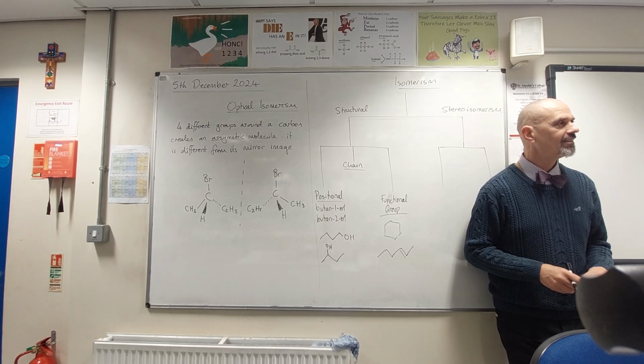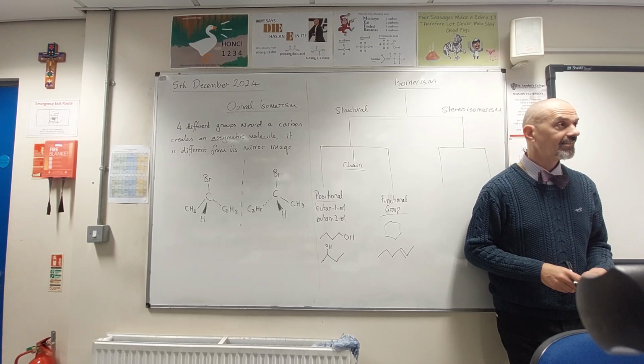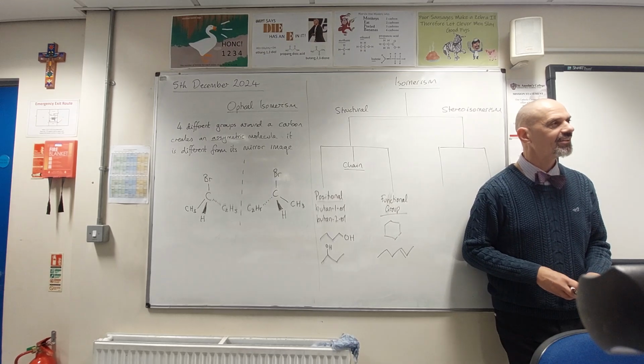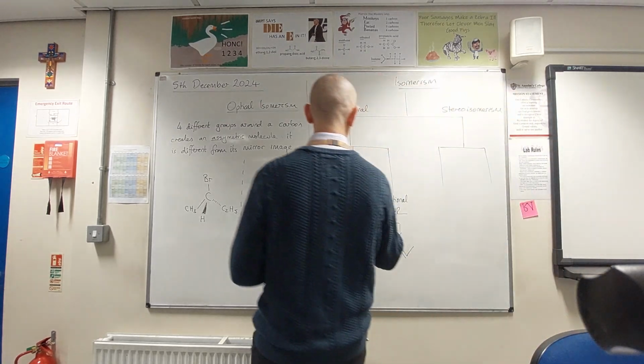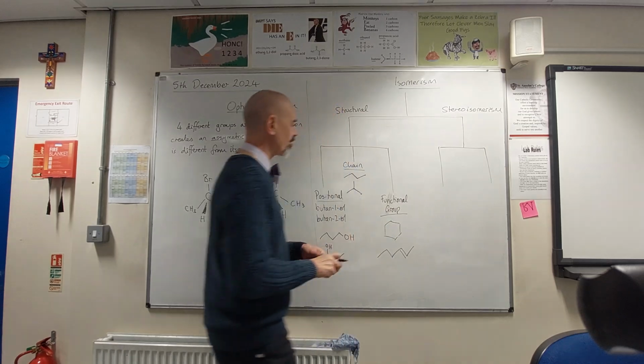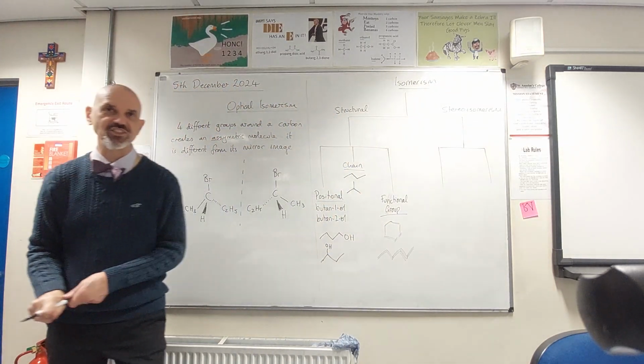So if I have hexane and then 2-methylpentane. Not 1-methyl, never 1-methyl, the methyl's on the end, it's just part of the length of the chain. 2-methyl, yes. So if we have any kind of straight chain versus a branched chain, that's chain isomerism.